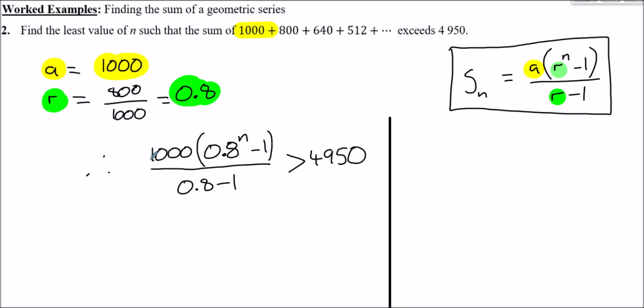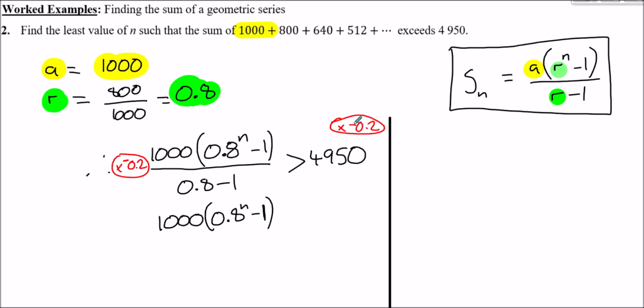So what we can do here is multiply both sides of this inequality by minus 0.2, just multiply by the bottom number of this fraction, essentially. So we're going to have 1000, and brackets, 0.8 to the n minus 1.